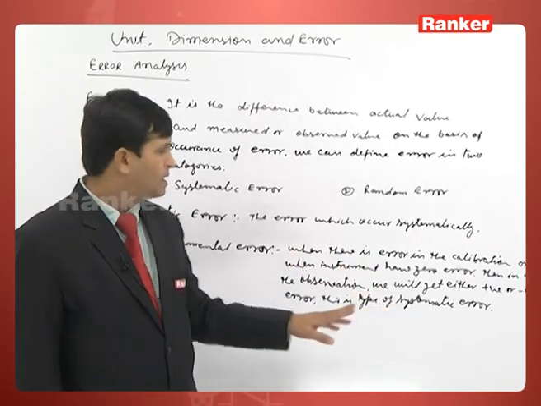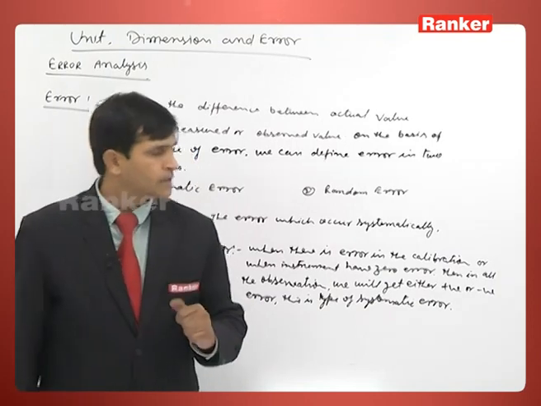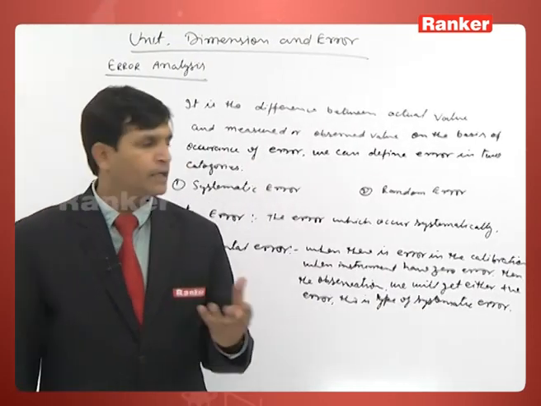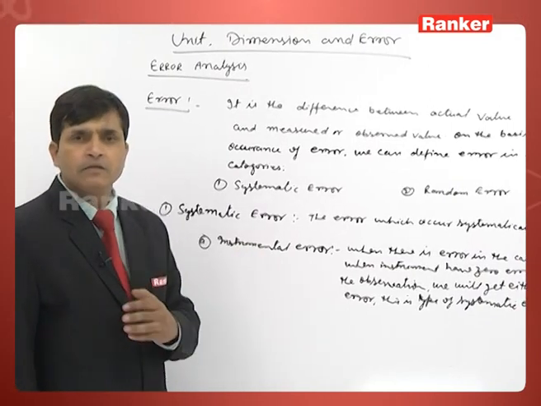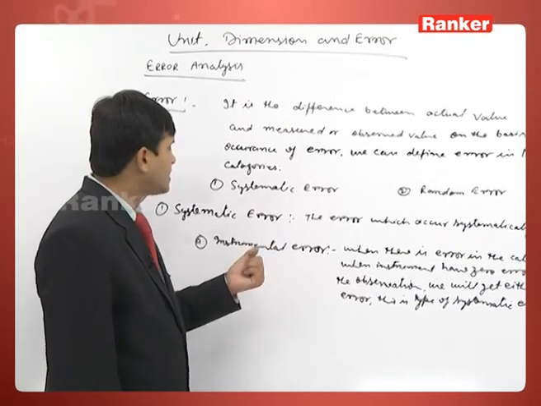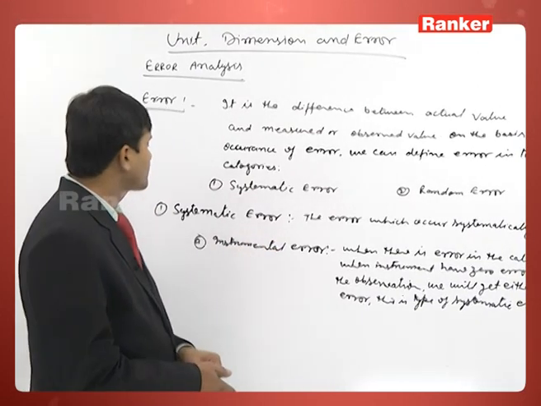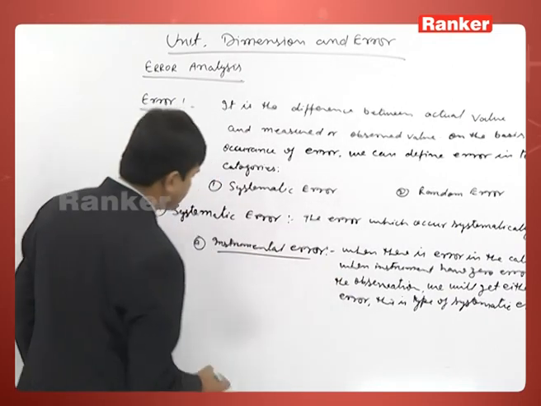Similarly, if any instrument has zero error, then also we will get either a positive or negative, less or more value. So, we are getting error in the same or systematic manner. That is why this is called part of systematic error. So, one is the instrumental error.